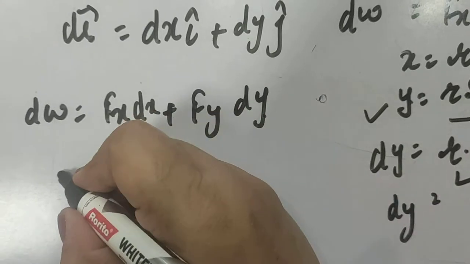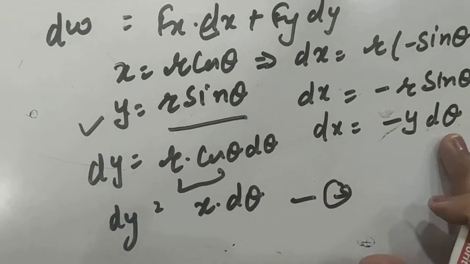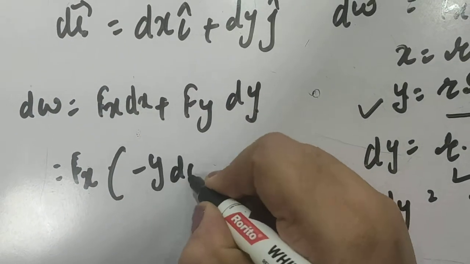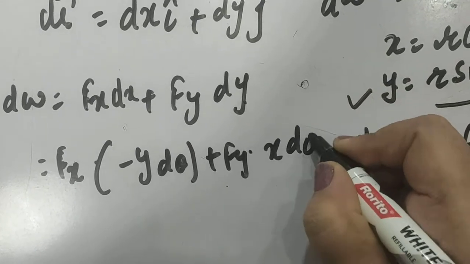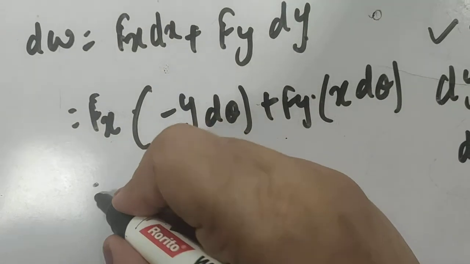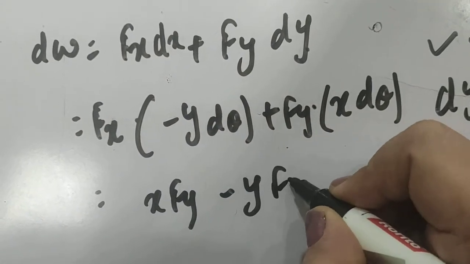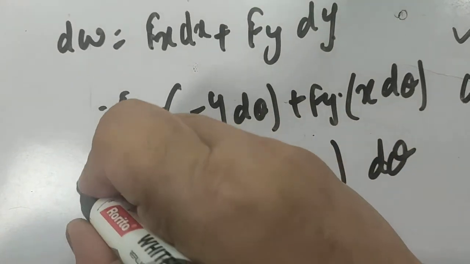Now putting the values, dx was minus y d theta, so this is fx into minus y d theta, and plus fy into x d theta. Now taking the positive term first, this is x fy minus y fx, taking d theta common. So that is equal to dW.